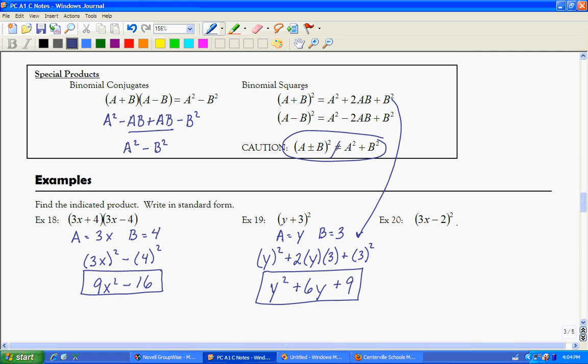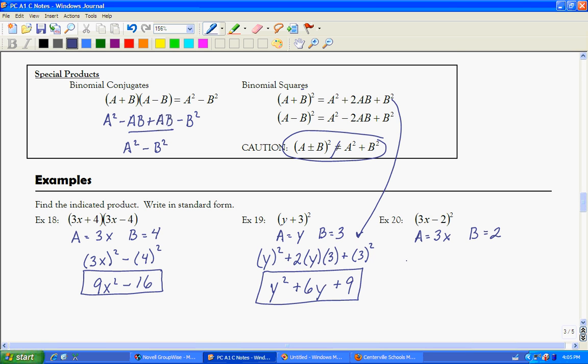And then example number 20, this is the difference of squares binomial. So we look at our form that we have up there. We know a is equal to 3x, b is equal to 2. Okay, it's not negative 2. We look at the form, it's a minus b. The minus is already there, so the b value is just 2.